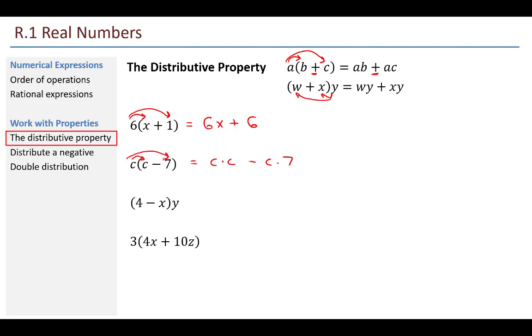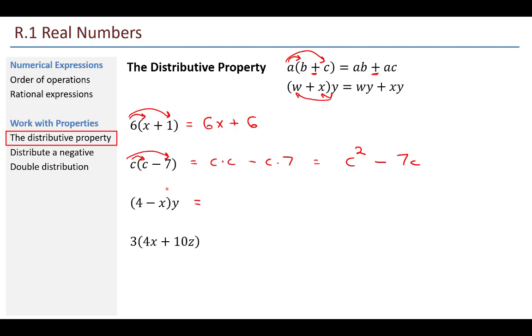That c was distributed across the subtraction. And we usually call c times c, c squared. And c times 7 seems a little bit weird. Just purely out of tradition, we generally put the number first. So we call that 7c. There we go, c squared minus 7c.